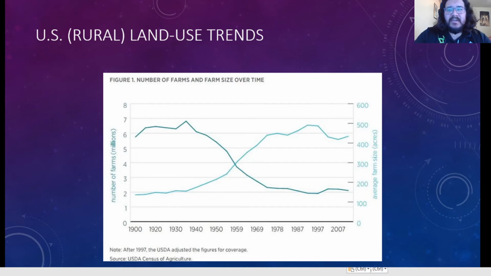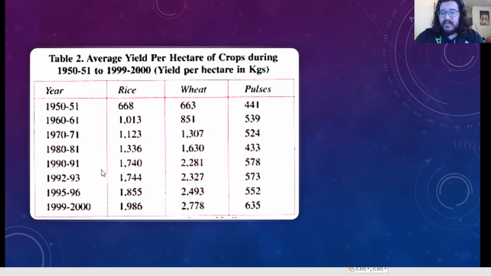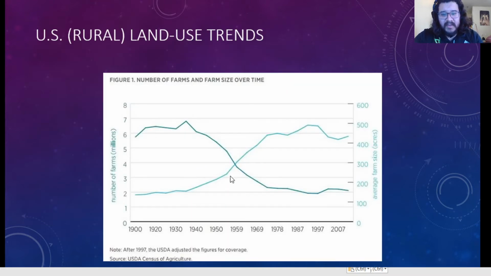Now we can see these trends shift from the MDCs and LDCs and everywhere in between. If we look at developing countries like India, we can see their agricultural yields increasing, and we see a different kind of trend in MDCs like the United States, after 1950 to 1960, where we start to see opposite trends, where we're not increasing agricultural production in the sense of increasing farms or farmland.